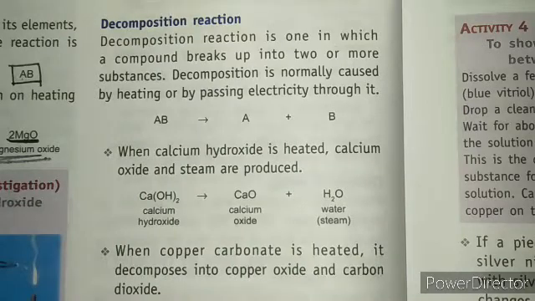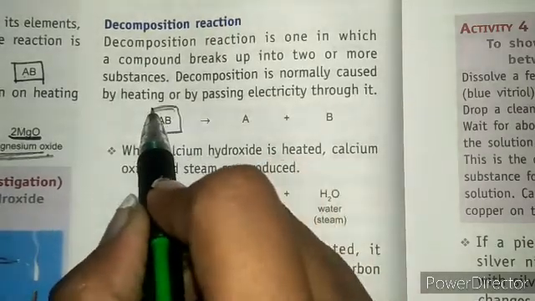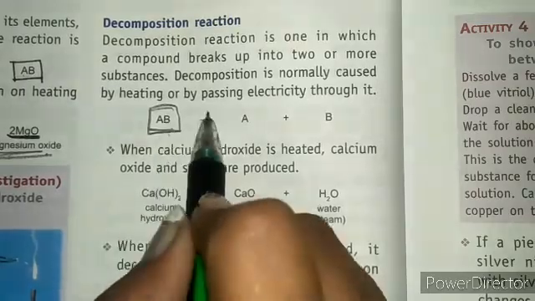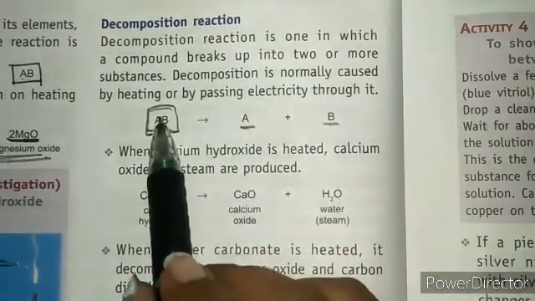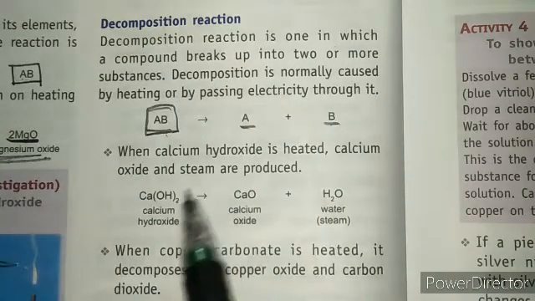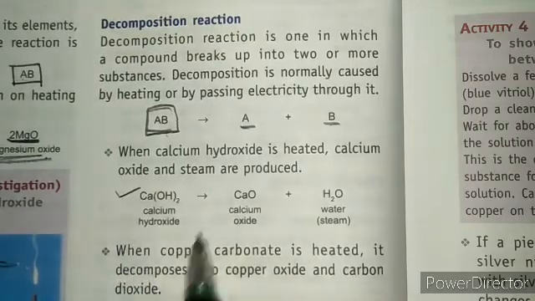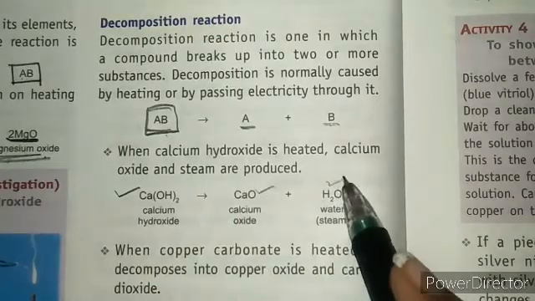Now move to our next one, that is decomposition reaction, in which a complete compound is dissociated into two different parent substances. For example, here they are taking calcium hydroxide, and when it decomposes it gives calcium oxide plus water.